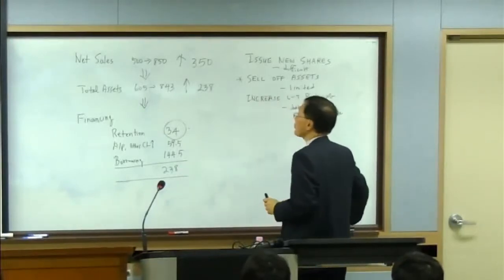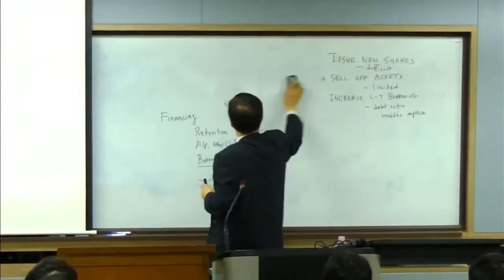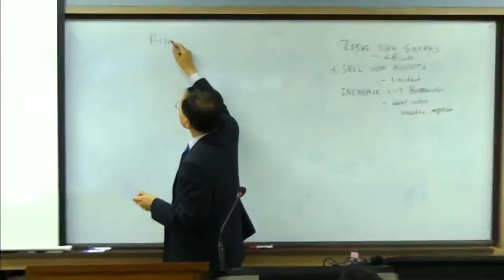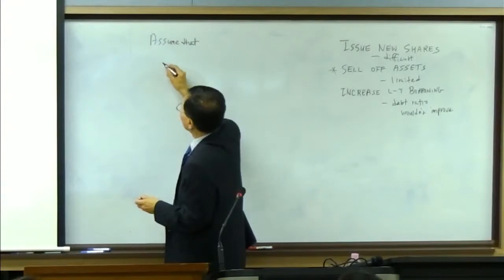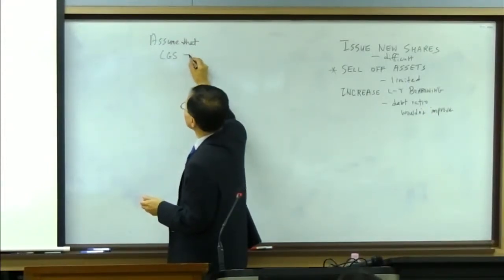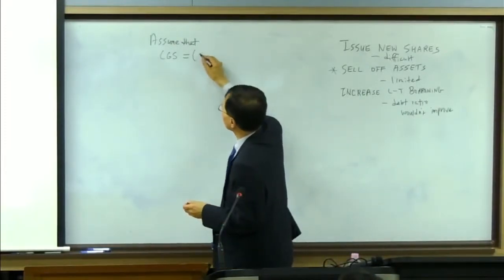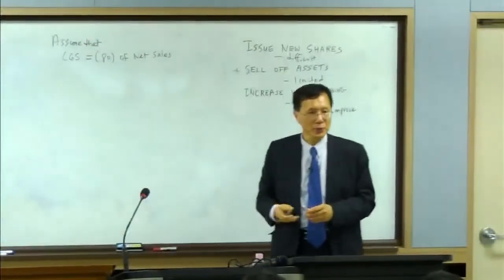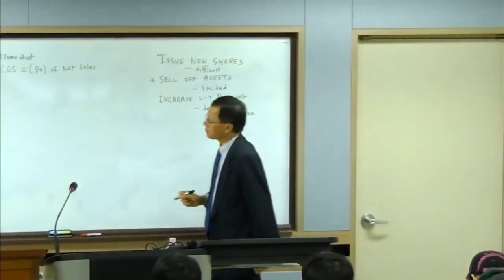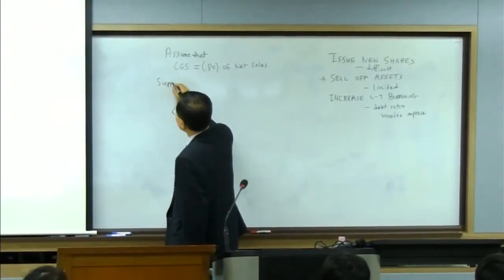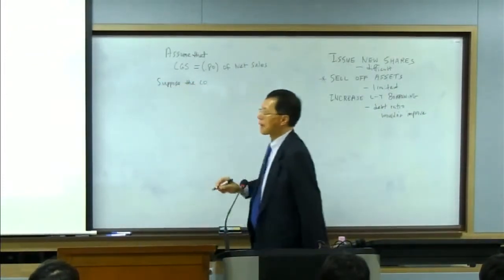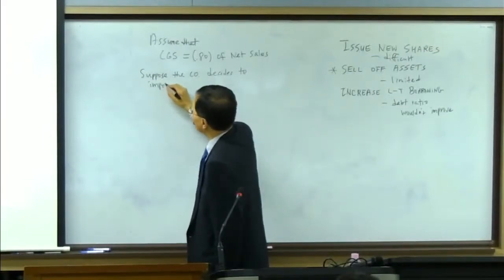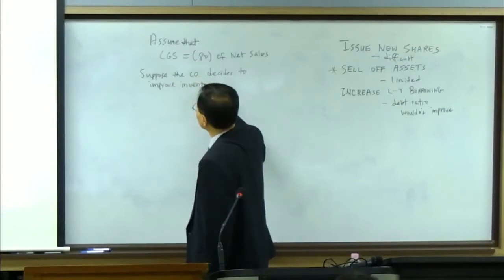Let us assume that cost of goods sold is 80% of net sales, and suppose the company decides to improve inventory management.